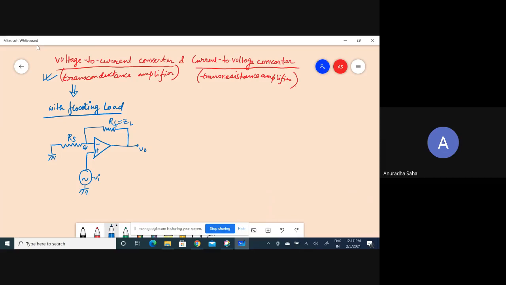And if I connect this load resistance to the ground by an electrical connection, then I can say the load is grounded. Fine. So here you can see that this load ZL, or you can say this RF, is not connected with ground directly. That is why I can say that this is the V2I converter circuit with floating load.